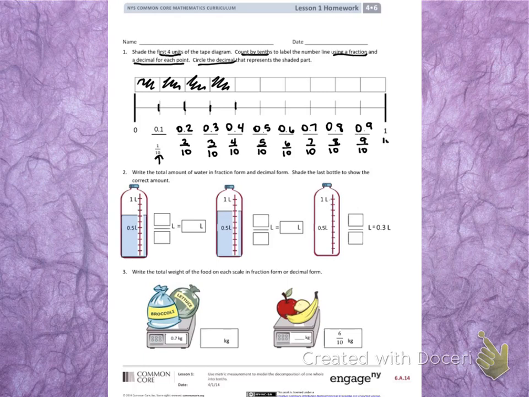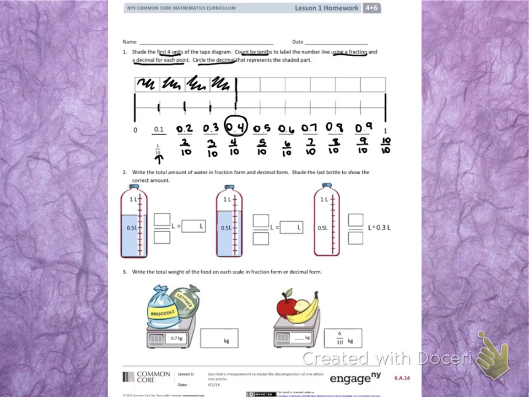And 1 is 10/10. We don't need to add that, but I'll go ahead and remind you that. And the last thing it does ask us to do is to circle the decimal that represents the shaded part. Up here is where it goes for the shaded, so the decimal is 4/10.